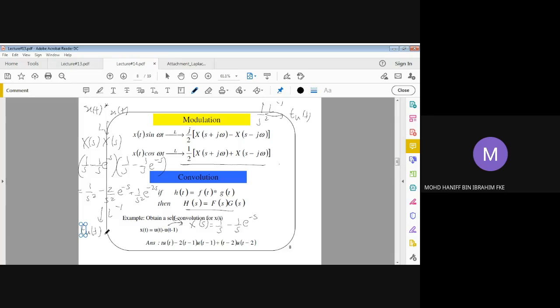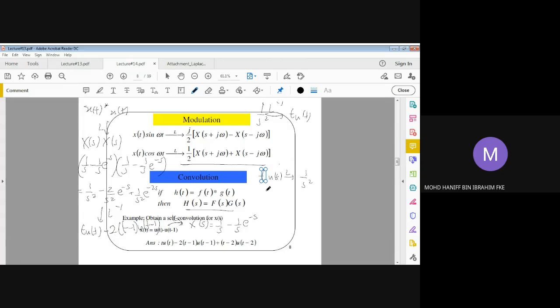For the second term, you are going to get 2 over, sorry, I apologize, it's my mistake, it's not 2 over. You're going to get 2(t minus 1) u(t minus 1). Why do we have this? Because remember that if we have t u(t), the Laplace for it equals 1 over s squared.